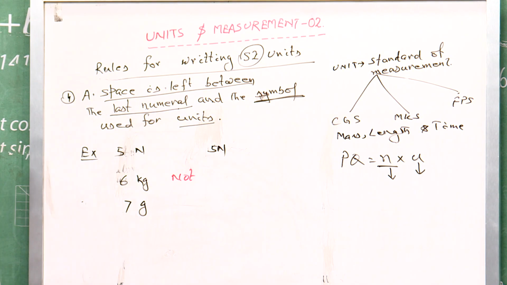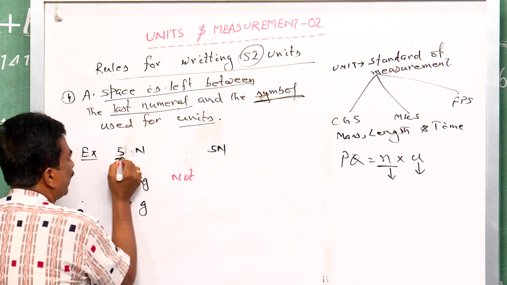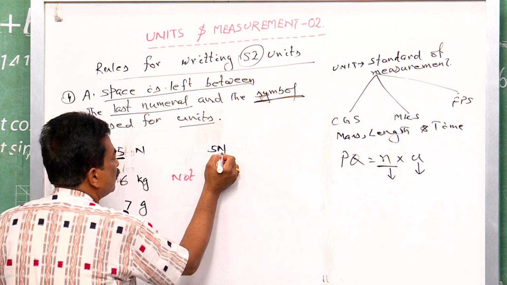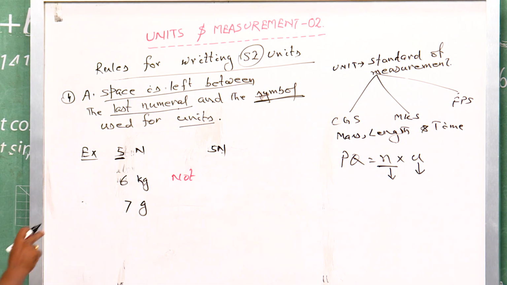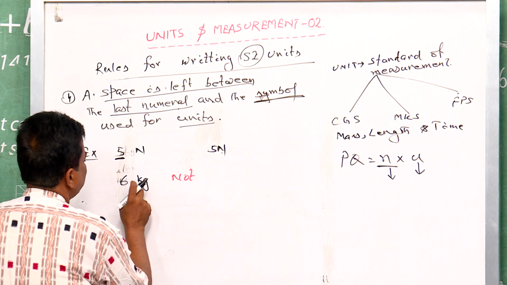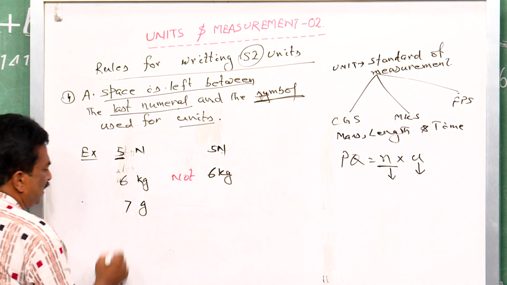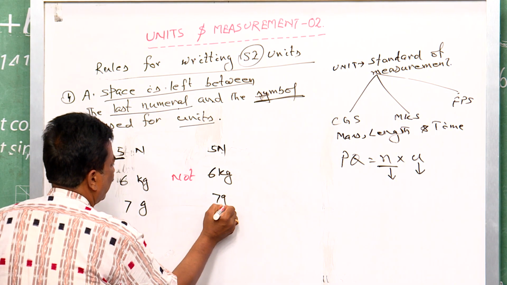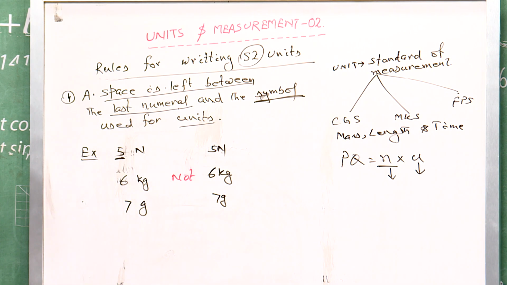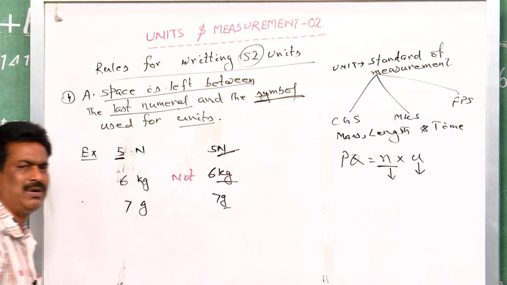You see, this is the numeral and the symbol used. If you do not follow every word, then you will be in a dilemma. So, numeral means the number, and the symbol which is used. For the symbol of a scientist's name you have to use a capital letter. So, this is 6 kg, and for gram this is 7 g. Sir, here it is a capital letter, but why are these small letters?